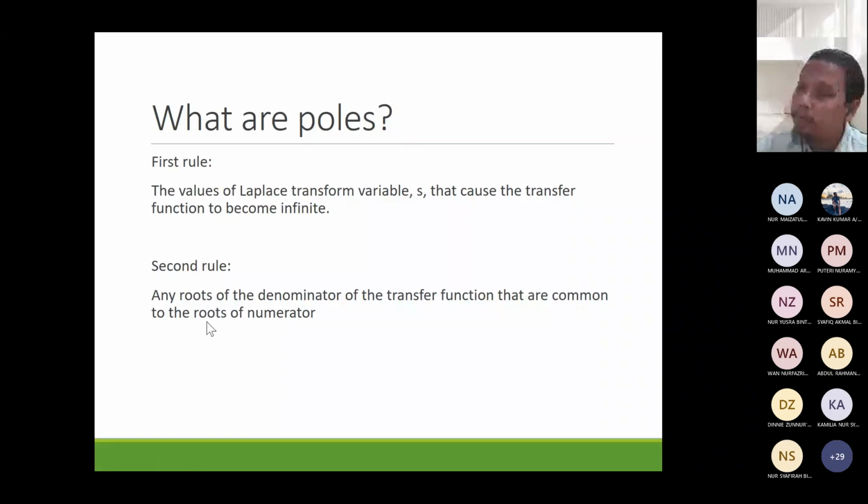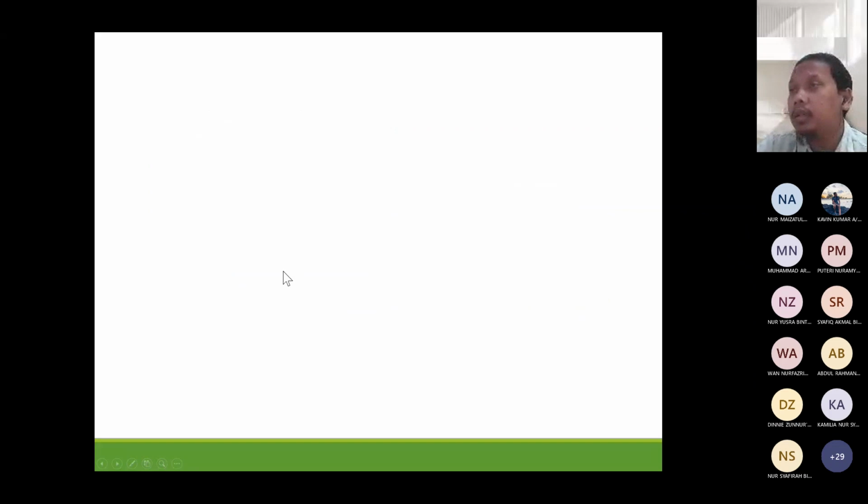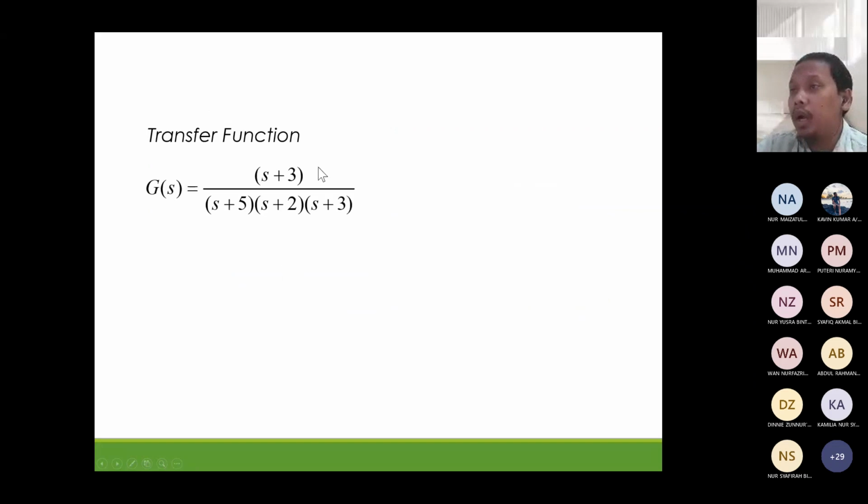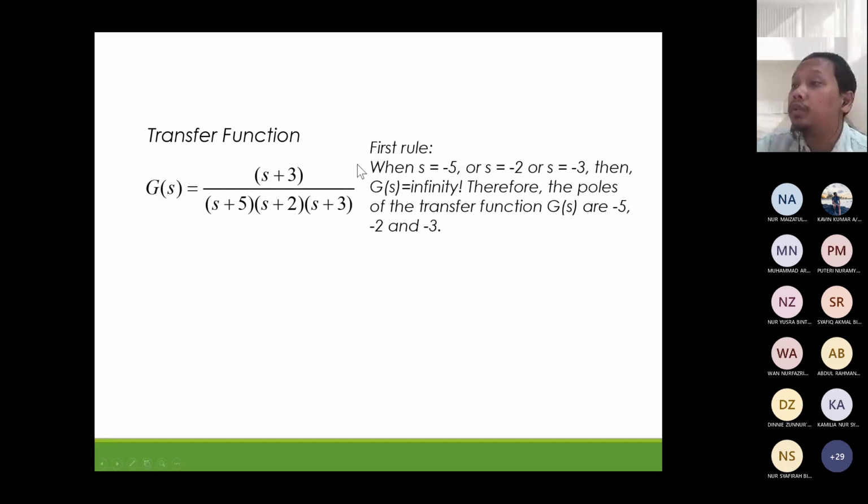What are these? So supposedly you are given this transfer function G(s) equals s plus 3 divided by s plus 5 times s plus 2 times s plus 3. Okay, so we have this transfer function. So using the first rule, to obtain the poles, it is the value of s when G(s) equals infinity.